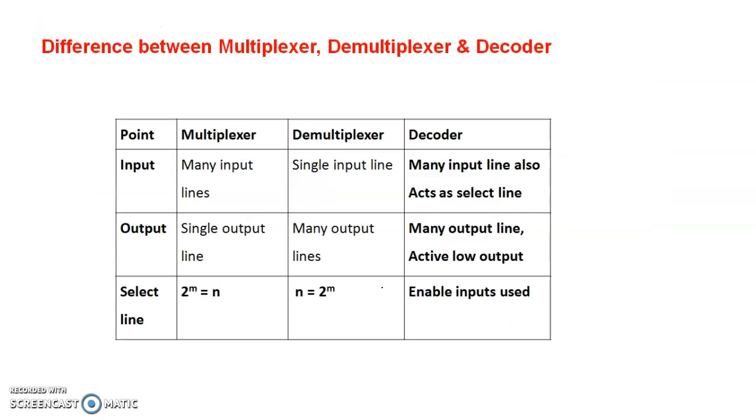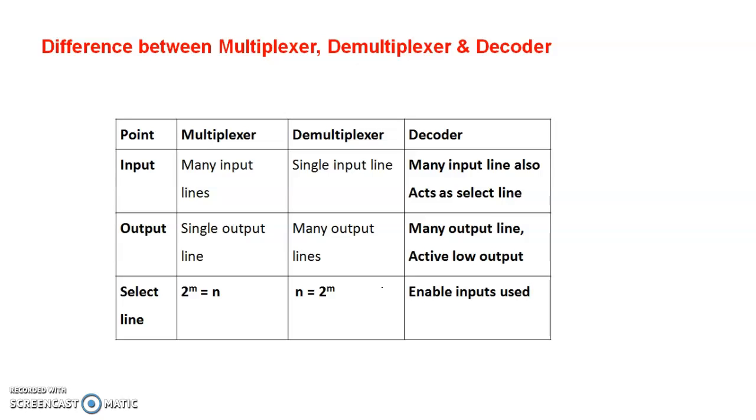So this is the difference between multiplexer, demultiplexer and decoder. Multiplexer has many inputs and only one output line. But demultiplexer has a single input line and multiple output lines. And decoder has many input lines, which also act as select lines.